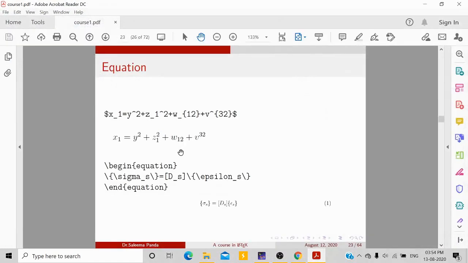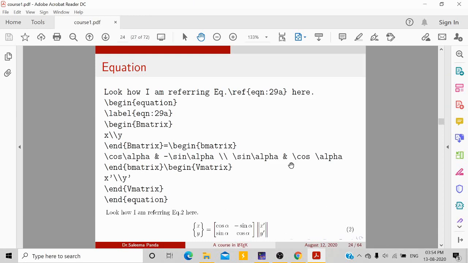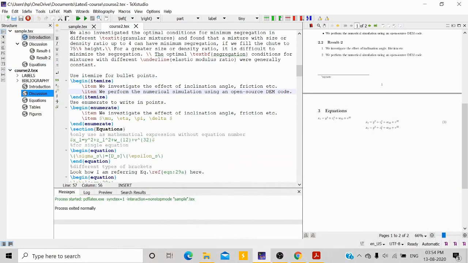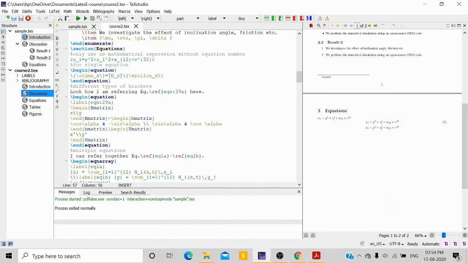Okay, the next equation: we have sigma s is equal to D s epsilon s. Let me use this equation, and then we'll go for the next one. I'll just copy from here.